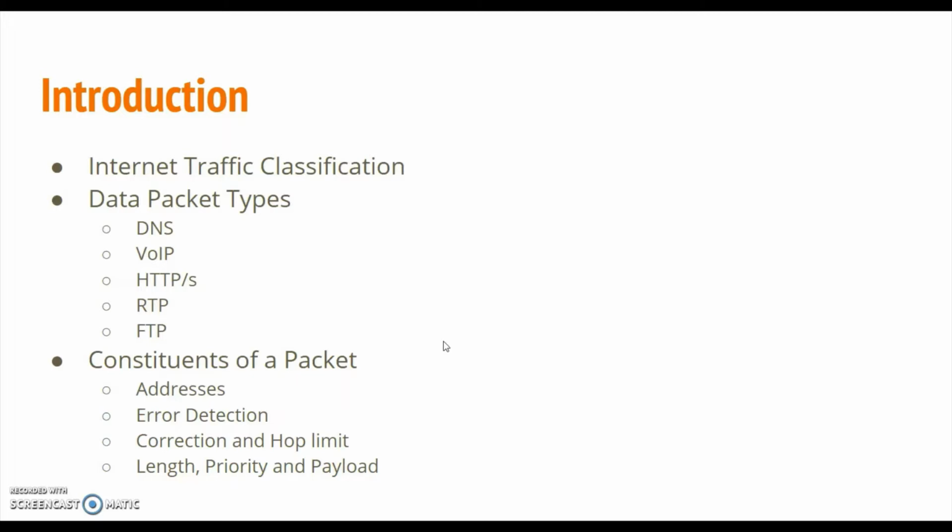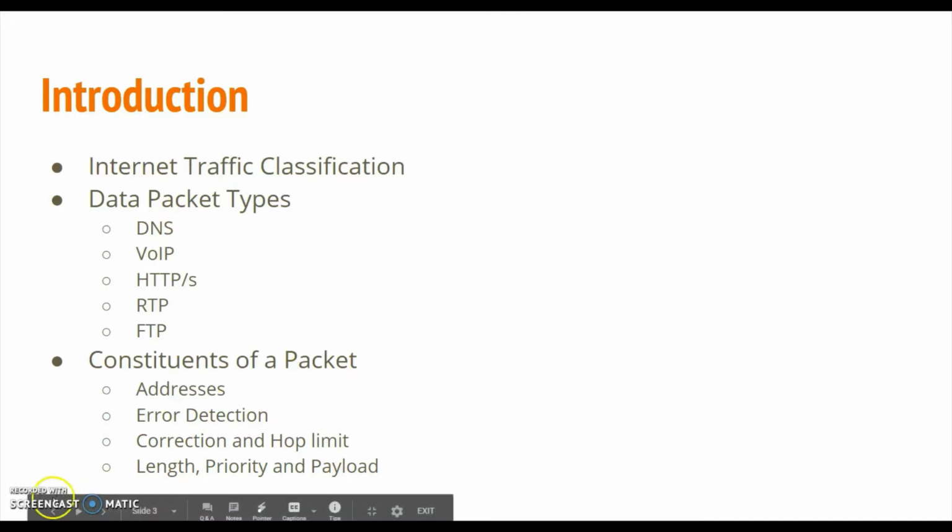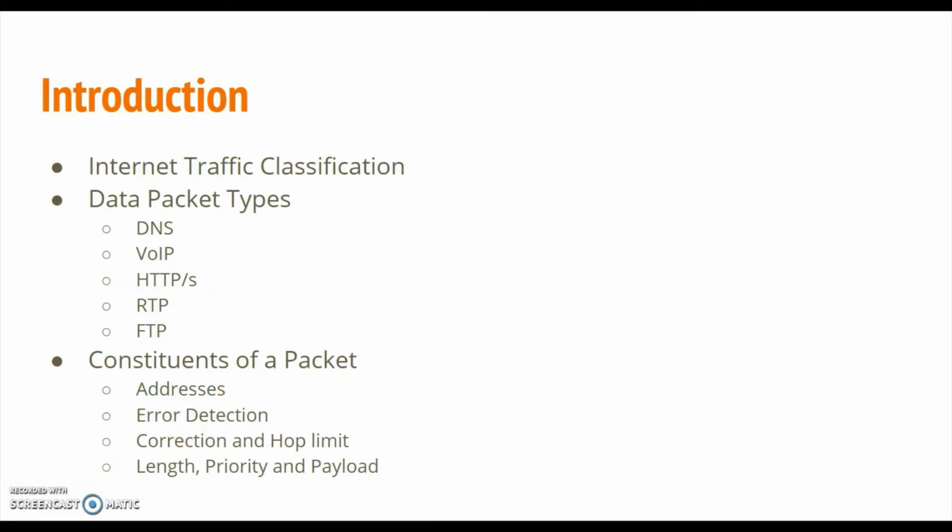There are different types of packets which include DNS packet type, voice over internet protocol, HTTP or HTTP secure, RTP and FTP. These packets are comprised of addresses, error detection, correction and hop limit. Moreover, there may be length, priority and payload.